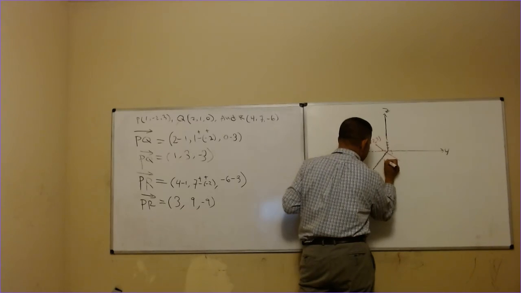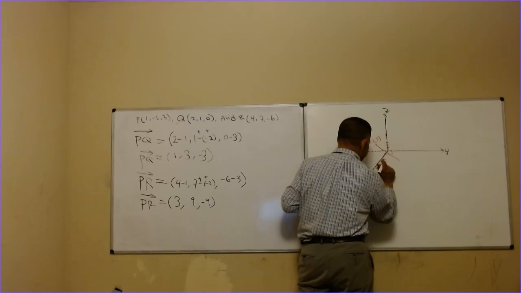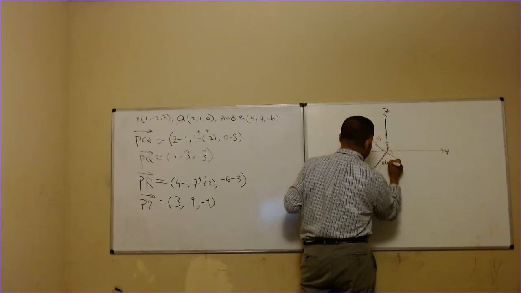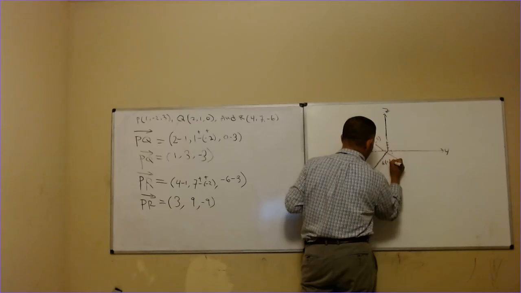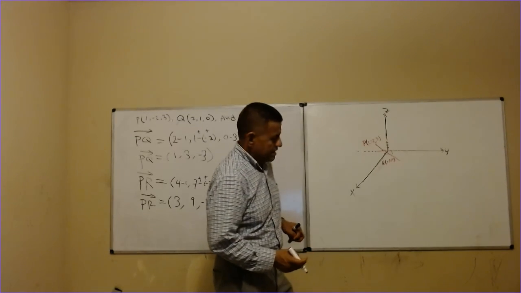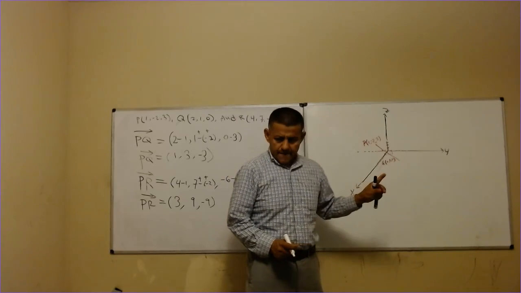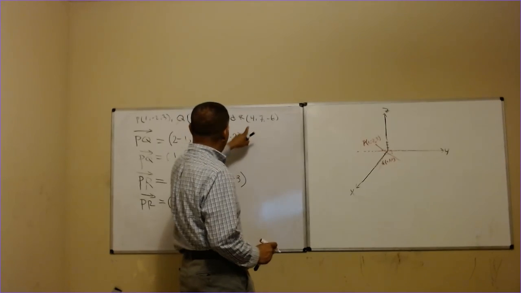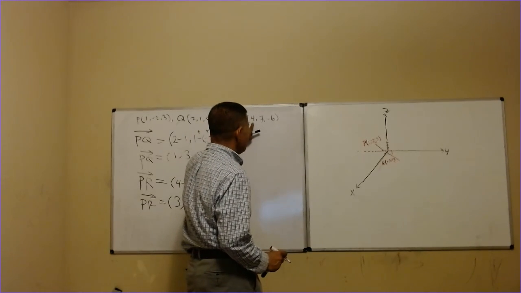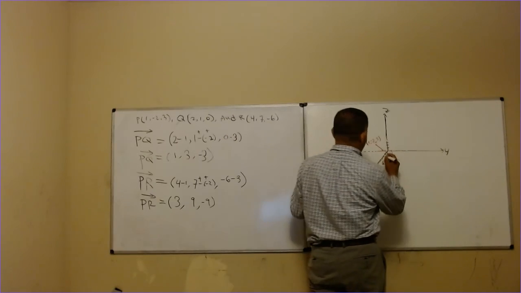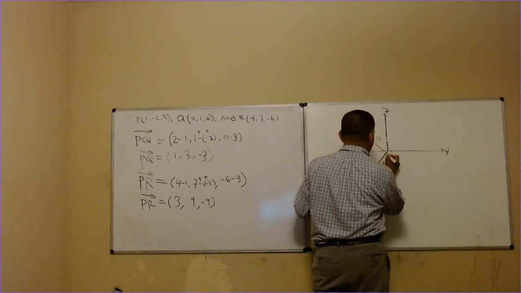So point Q is (2, 1, 0). Okay. Now, where is R? R is at X equals 4, right? So I start, this is 2, 3, 4.